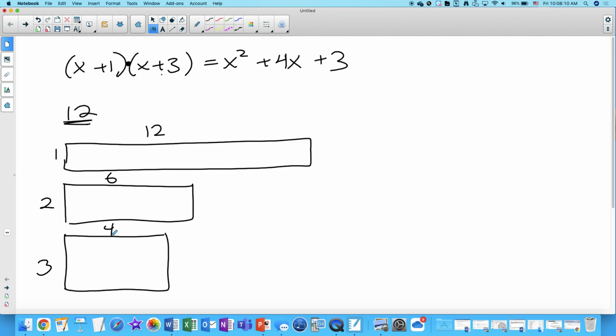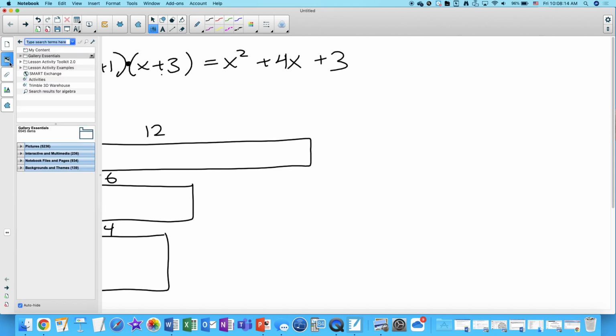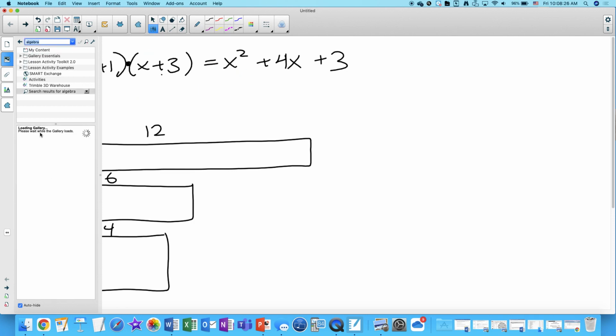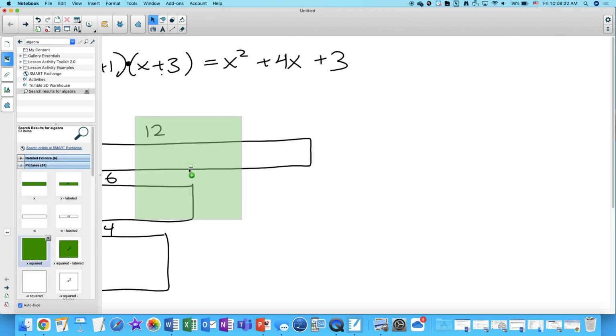Okay? So what we're going to do is take a look at this guy. I'm going to take out these tiles. So we've got one x squared tile. There's an x squared tile.